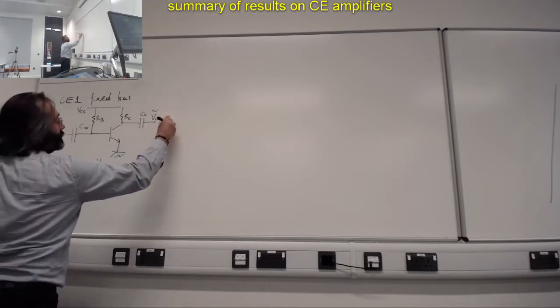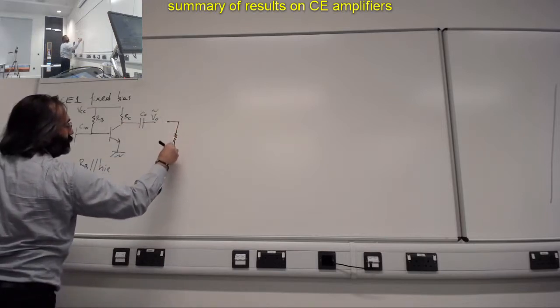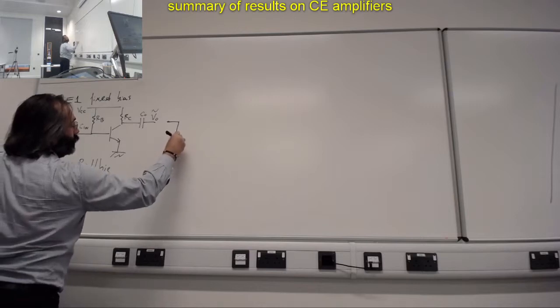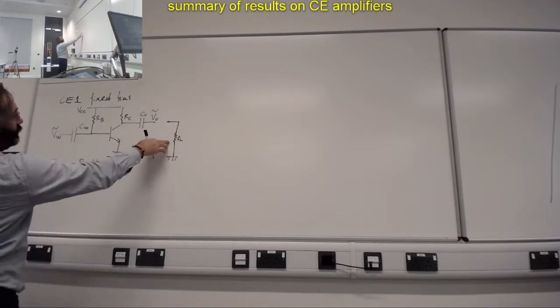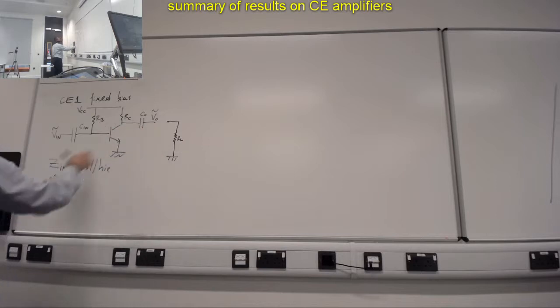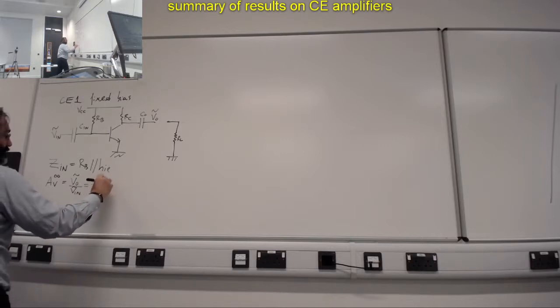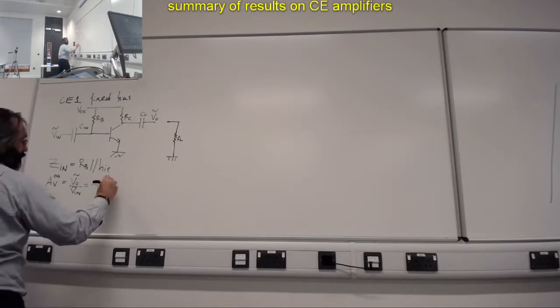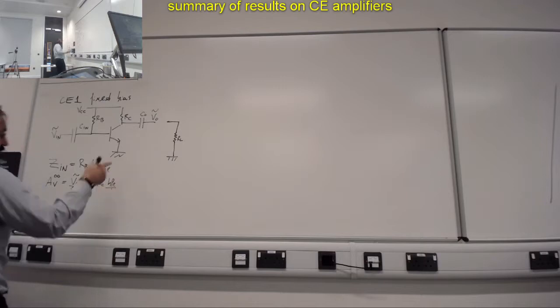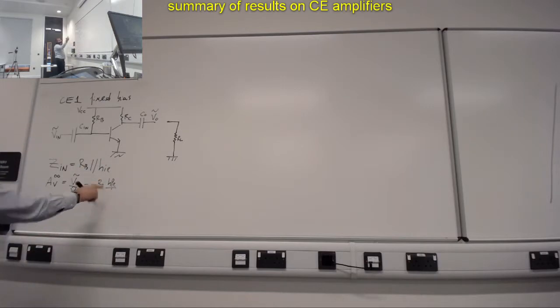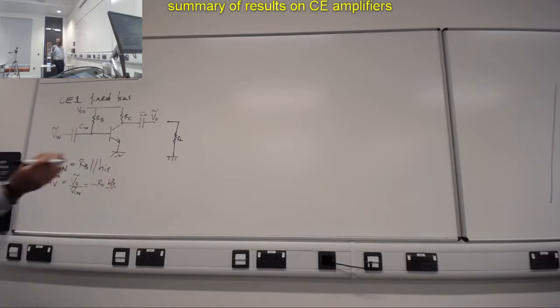AV infinite refers to the fact that normally we would put here a load. So when the load is infinite, effectively we are not connecting anything. That's what AV infinite refers to. And we found out that this number was minus RC HFE over HIE. HFE is the other important parameter. This is the current amplification in the AC regime, which is roughly equal to beta.